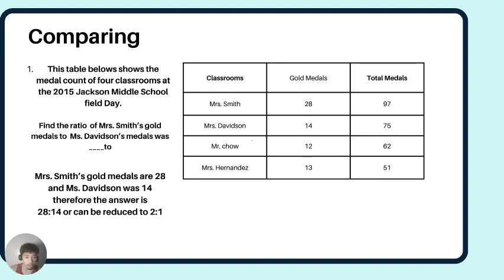In this table, Mrs. Smith's gold was 28 and Mrs. Davidson had 14. So we have the ratio of 28 to 14, or this can be reduced to 2 to 1.